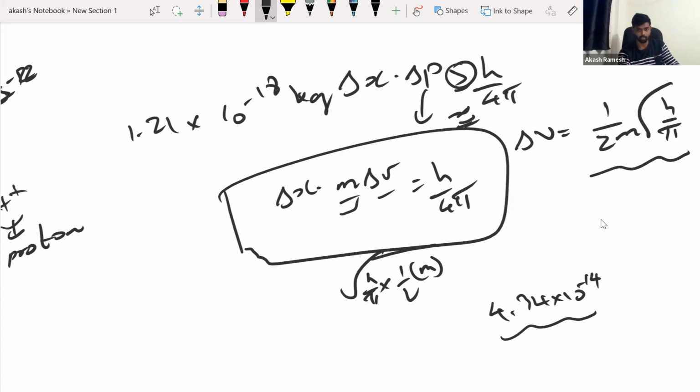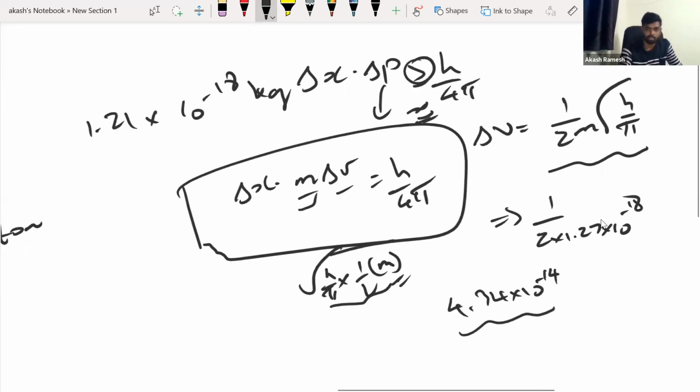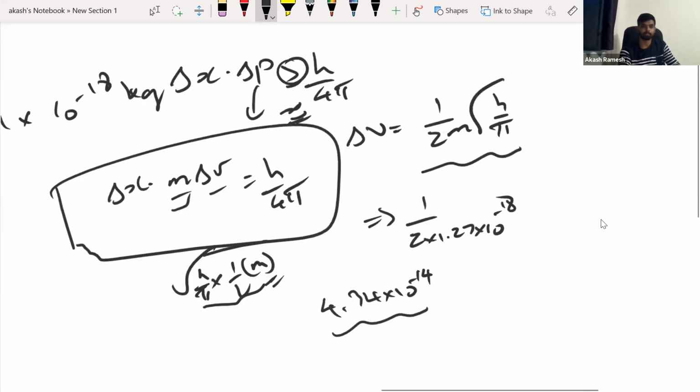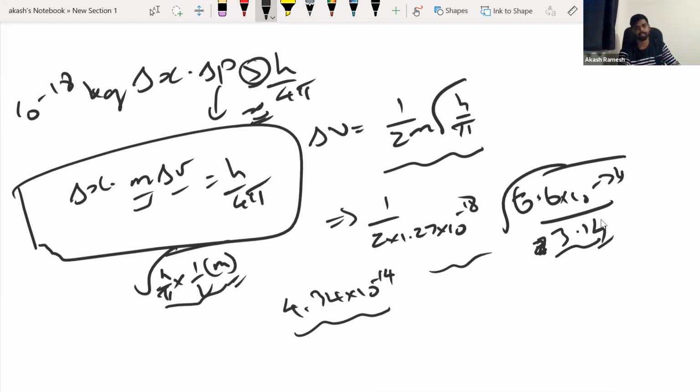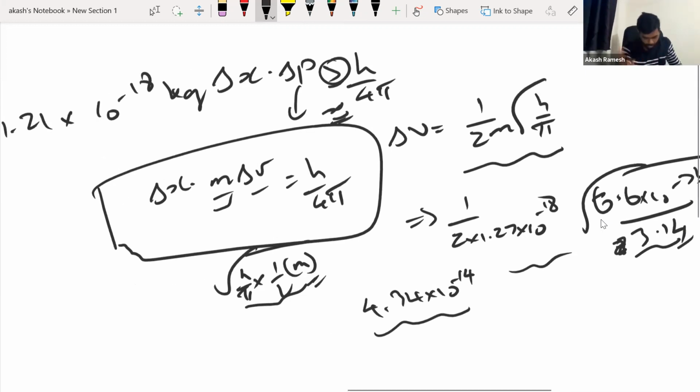This is what you told here, correct? Yes, sir. Okay, so 1 by 2m into root of h by pi. This calculation is very difficult on this side. 1 by 2 into 1.21 into 10 to the power minus 18, into root of h, 6.63 into 10 to the power minus 34, divided by pi, 3.14. It's a very big calculation, people, you don't have to waste time. The answer approximately is 6 meter per second.